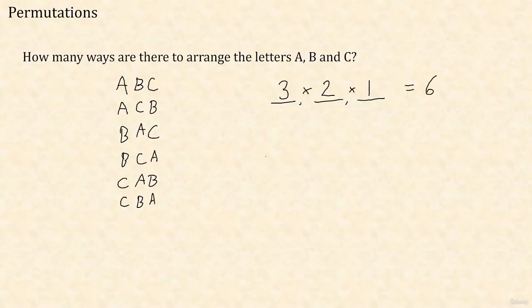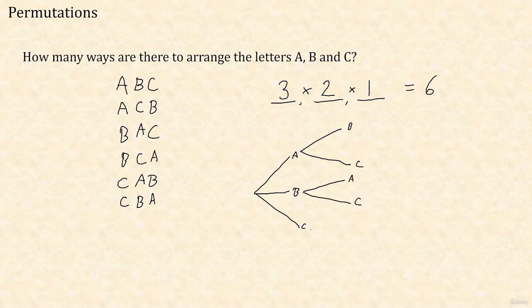A final way to visualize this is through a tree diagram, saying our first letter is either A, or B, or C. If we choose A as our first letter, our second letter is either B or C. If we choose B as our first letter, our second letter is either A or C. And if we choose C as our first letter, our second letter is either A or B. And finally, if you've chosen A and B already, you've only got C left.